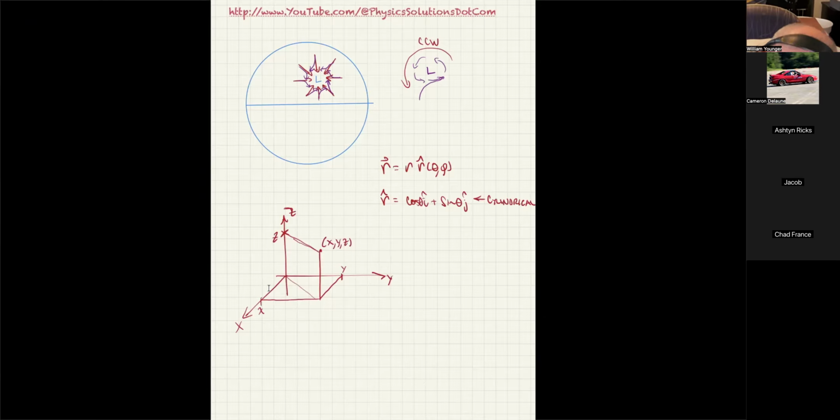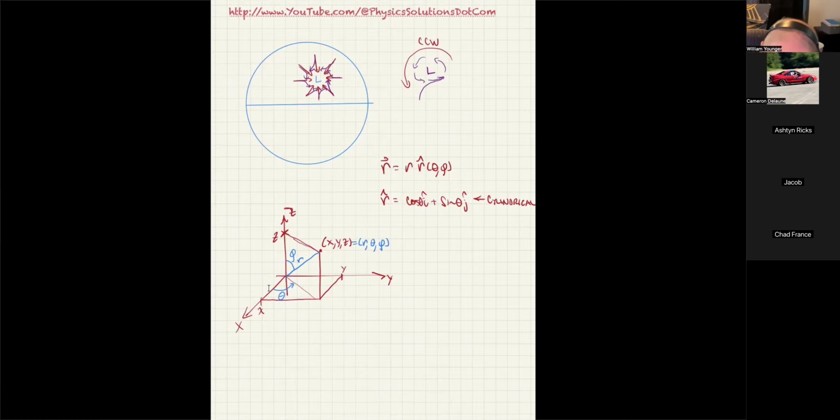But you can do better than that too. You could use the spherical coordinate system and you'd say that this is the coordinate r. You could say that this is the coordinate phi and this is the coordinate theta, so that you would actually have this as r theta phi.